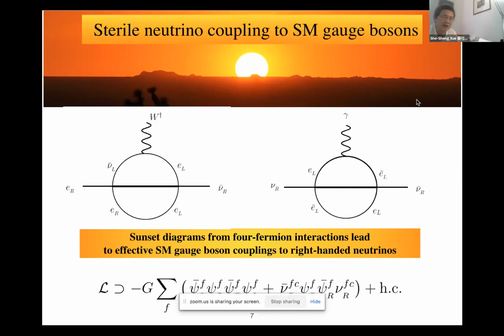The other is a massive Higgs-like particle, composite of the sterile neutrino, whose mass is almost the same as the Higgs mass. Now, in addition, due to this interaction, we introduce the sterile neutrino and this axion, and this sterile sector couples to standard model particles, for example, by this sunlight diagram.